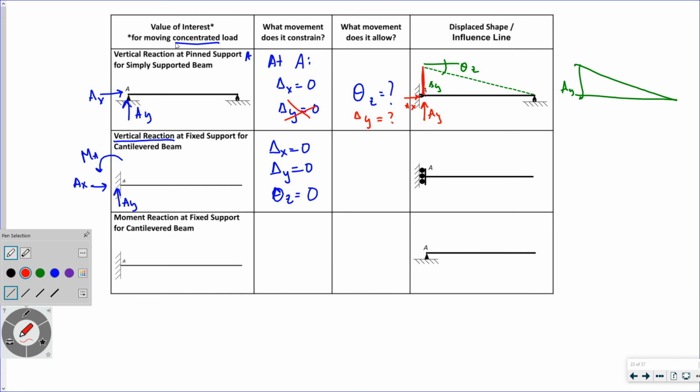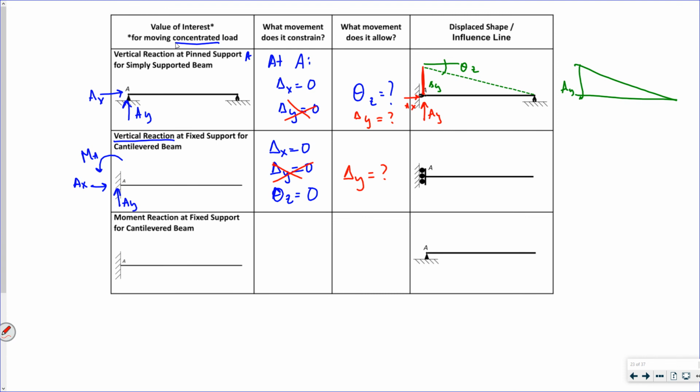So now I'm like, okay, let's allow vertical displacement. So now I kind of look like this.